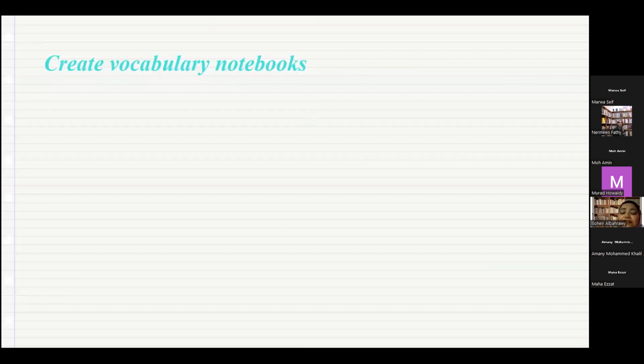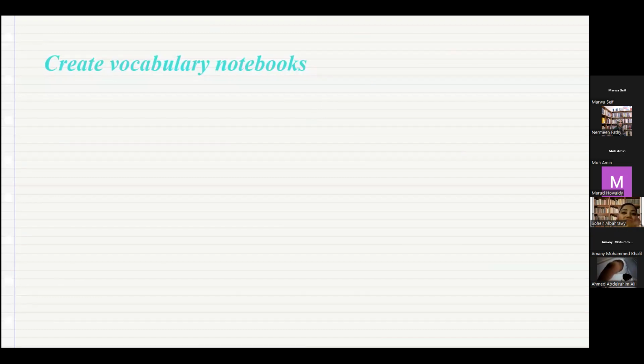Yes, you can ask them to collect the new vocab or the target vocab, to draw a picture of this word if they can, or they can collect images and photos for this picture. You can ask them to classify and write the form or which part of speech, whether it's a noun or a verb or adjective, adverb. You can ask them also to use these words in a sentence if they are young learners or weak students.